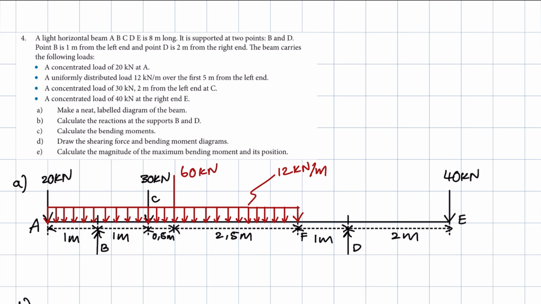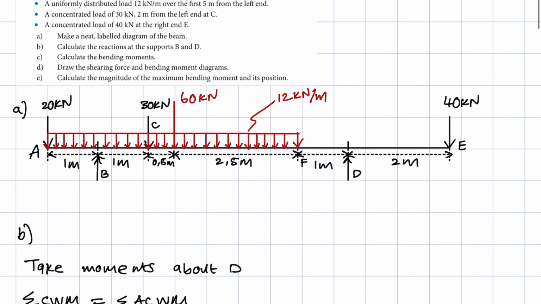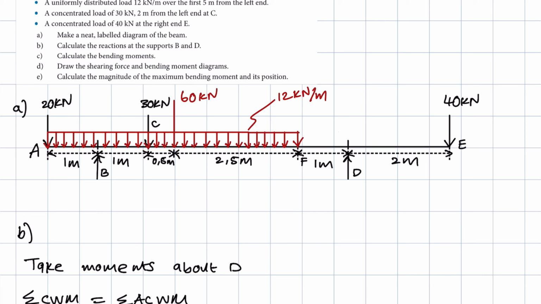So if you look at C, it says calculate the bending moment. Now I should mention that after calculating the reactions at the support, I always advise students to do the bending moment calculations next, right? The reason for that is that when you do the bending moment calculations, they give an indication of where we can expect the shear force to be equal to 0, right?